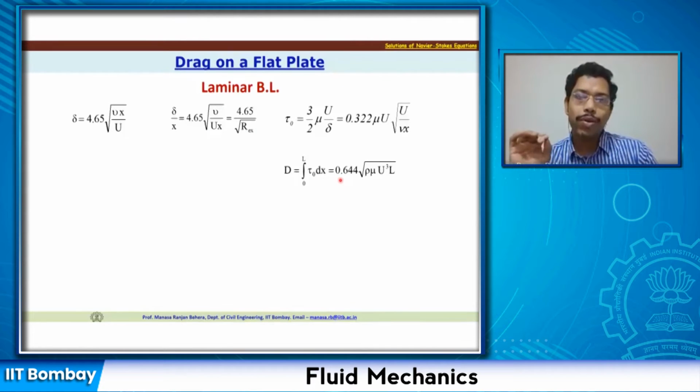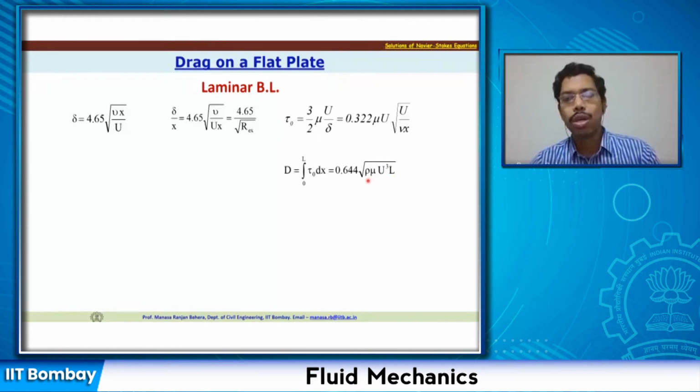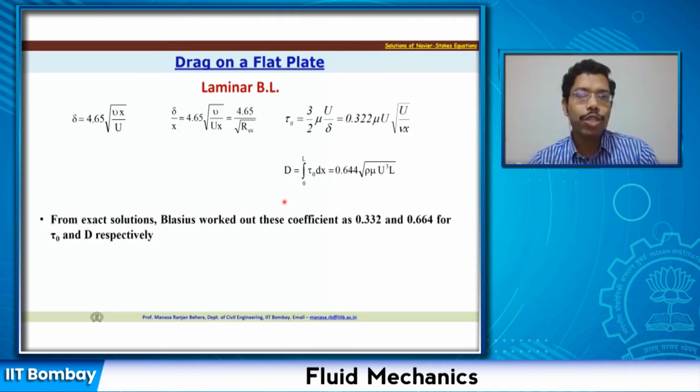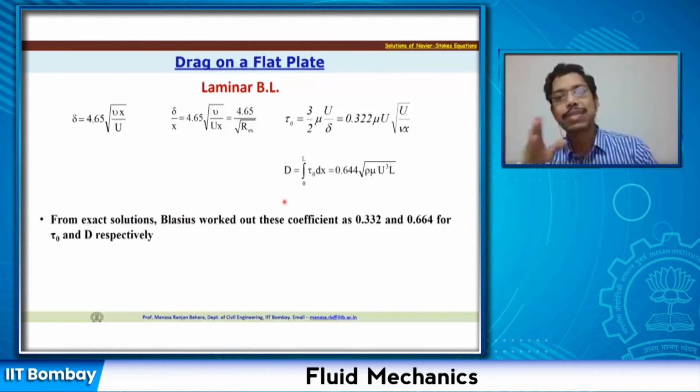0.644 square root of mu rho u to the power 3 L. Or you can write down square root of rho mu, then u to the power 3 by 2, L to the power 1 by 2. Okay, so this is the expression we got, and the coefficients that we could get for tau 0 and D are 0.332 and 0.664.